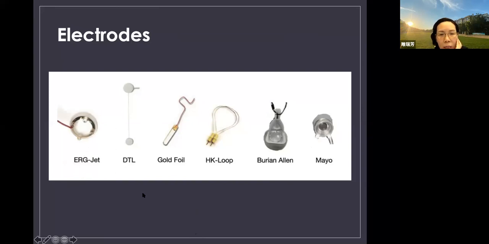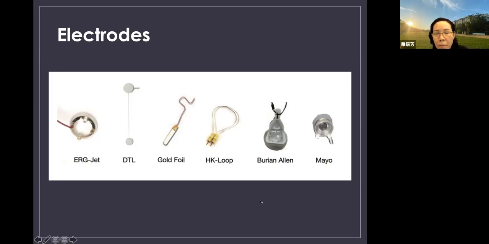But recently we have the HK loop. We evaluated the HK loop. It works very well, both for kids and adults. So we are now recording some normal data, and we are trying to choose the HK loop as our first choice.